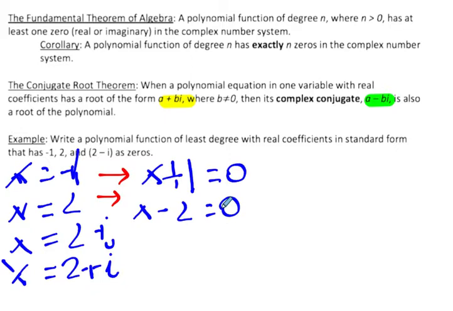Now, if you think with me about x equals 2 minus i, if this is going to be set equal to 0, then I'm going to need to subtract the 2 and add the i. So for that one, I would have x minus 2 plus i.